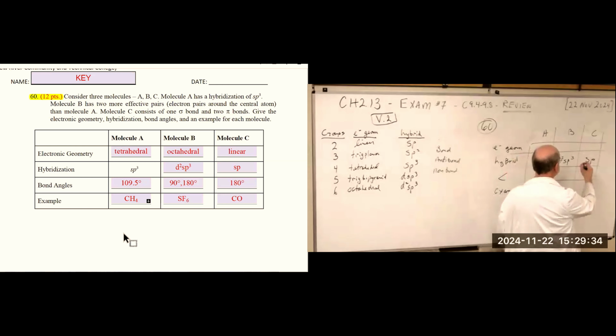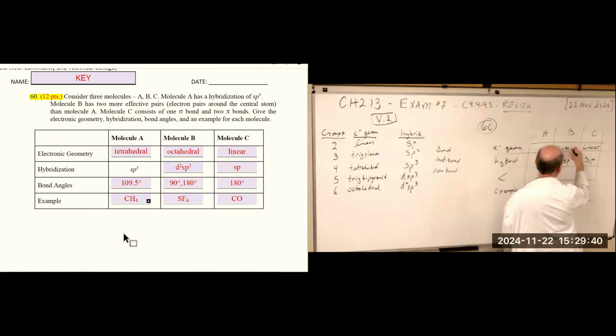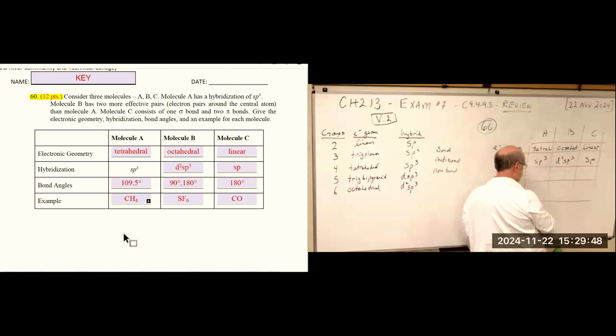Okay, triple bonds mean linear, right, as does sp. This is octahedral. This is tetrahedral. Okay, bond angles for tetrahedral, assuming all positions are occupied, is 109.5 degrees.